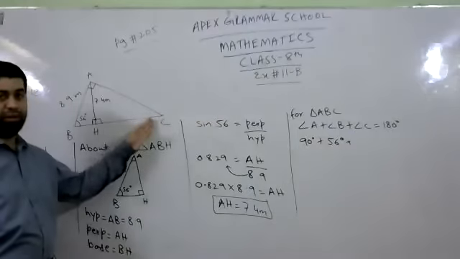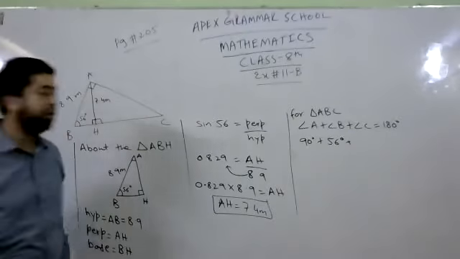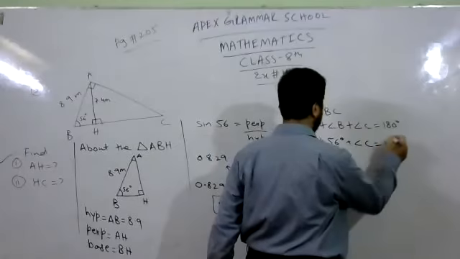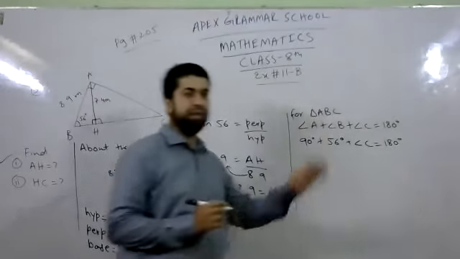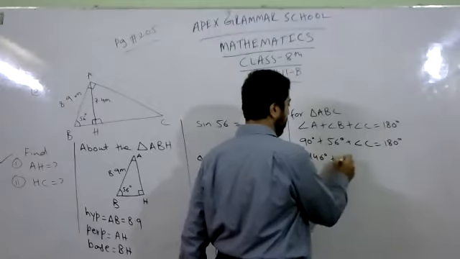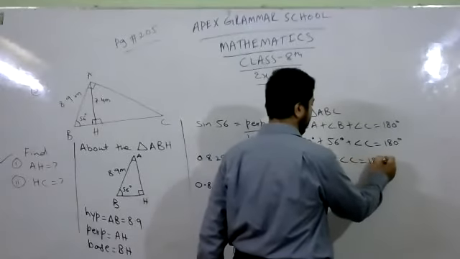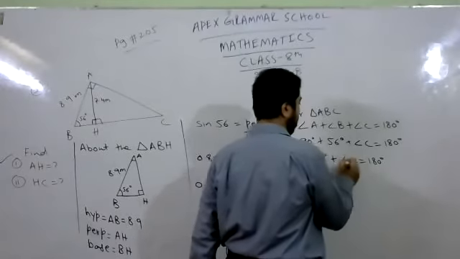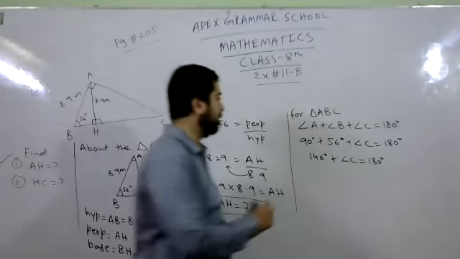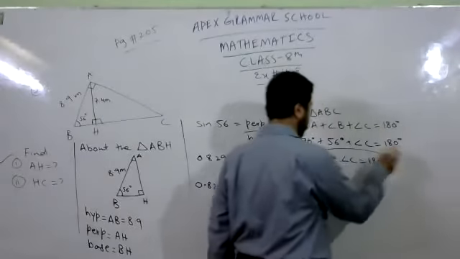Angle C we are not given, so we write it as it is. Now add 90 plus 56. It makes 146 degrees, plus angle C is equal to 180 degrees. To find angle C, we subtract 146.